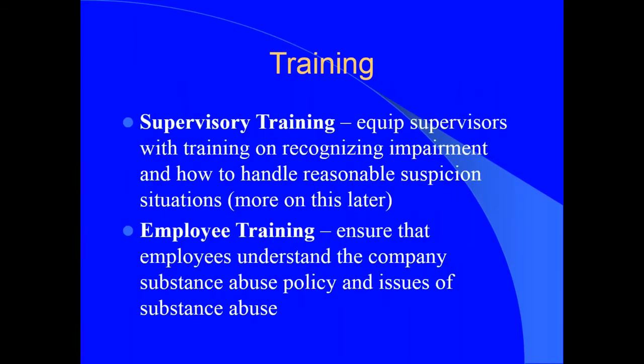Training, supervisory training: you have to equip supervisors with training on recognizing impairment and how to handle reasonable suspicion situations. Employee training: ensure employees understand the company's substance abuse policy and issues of substance abuse. So the supervisory training and the role of supervisors is super important in terms of your whole drug-free workplace.